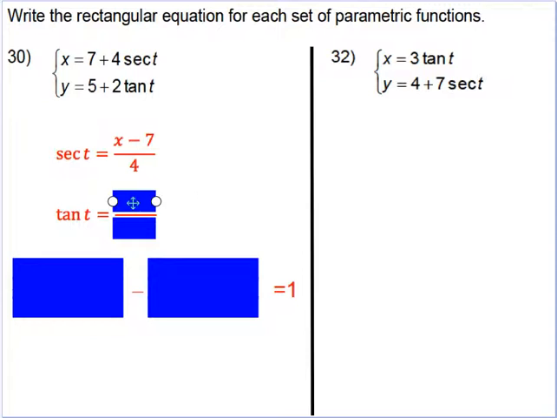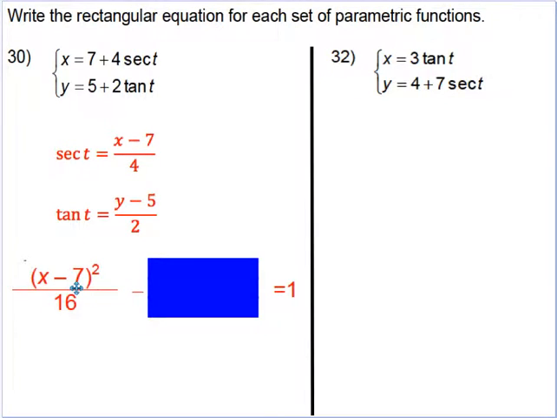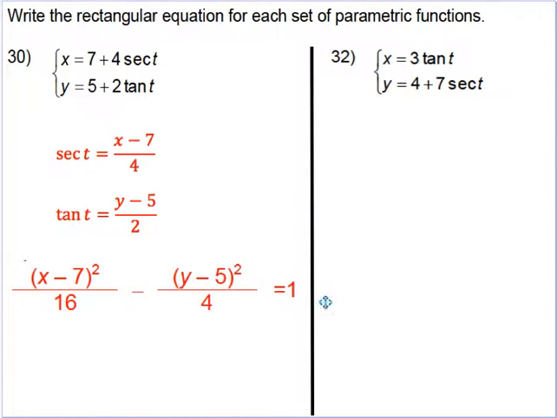And then for tangent, you subtract by 5 and then divide by 2, so it's y minus 5, and then divided by 2. Okay, and because the x formula is paired up with secant, this part is going up front, and then minus the y formula.